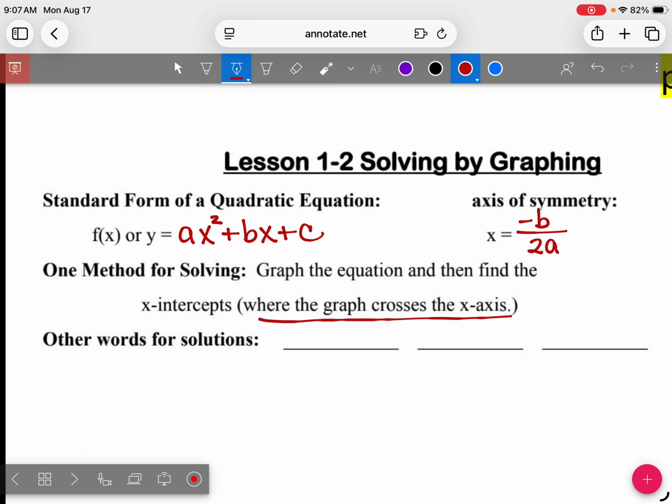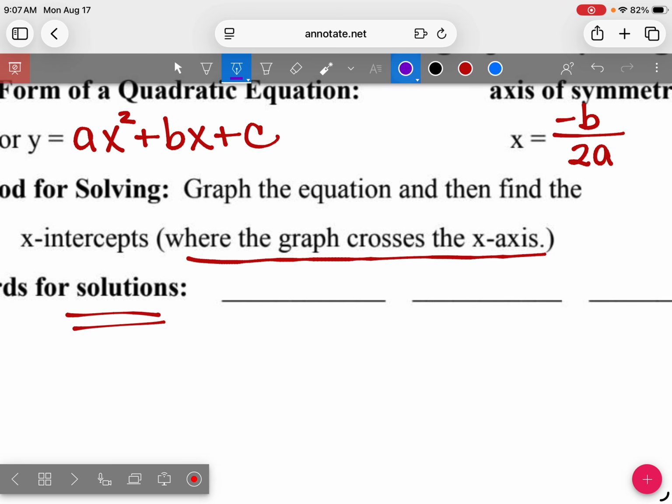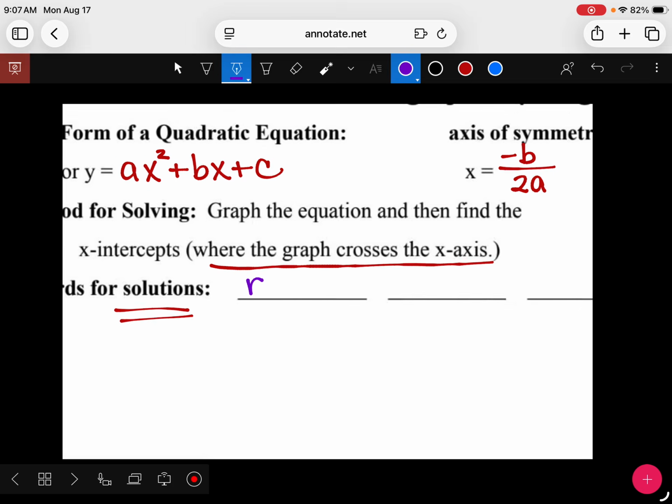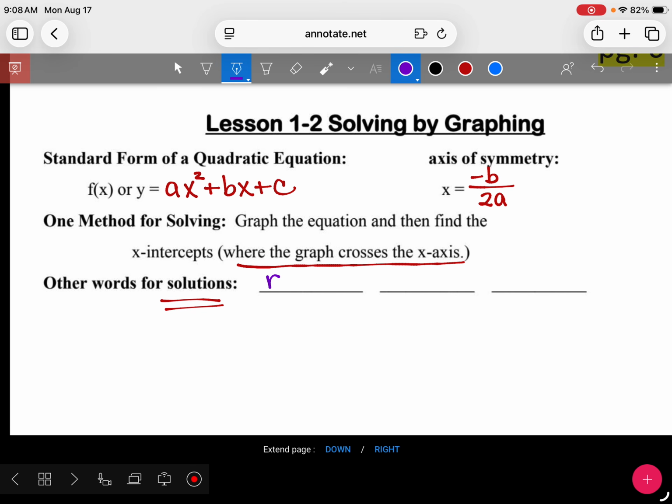And there's actually 3 different words that mean solution. So the first one starts with an R. Does anybody know what that is? Think of a tree, think about what's in the ground. A root. So roots. That's the first synonym for solution. It means the same thing. So if you're taking a skills check or a test or on the final, if it says find the roots, it's asking for the solutions.